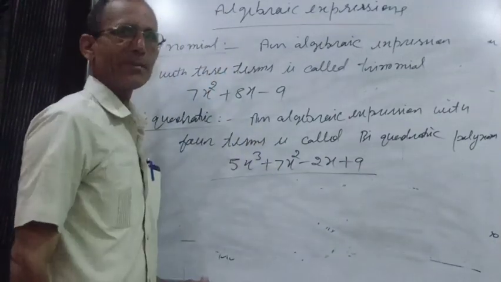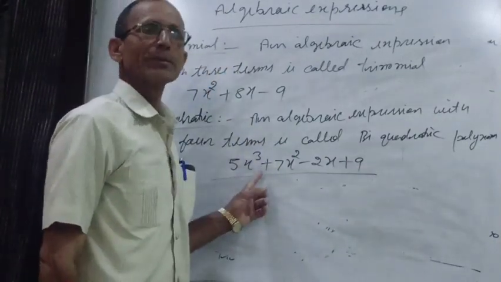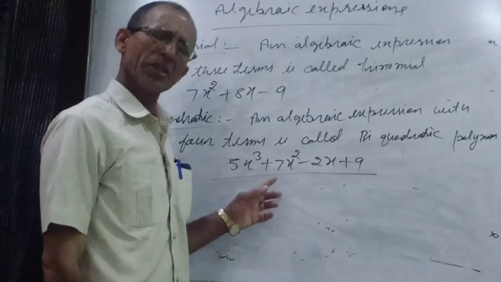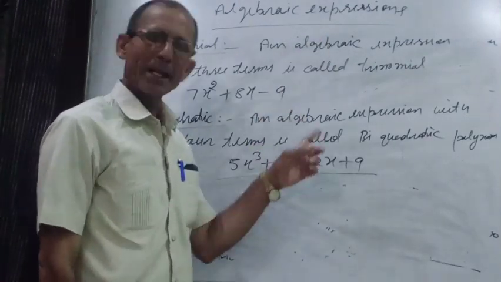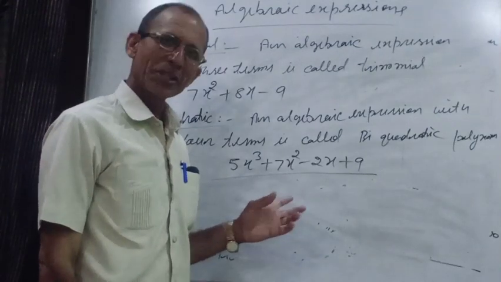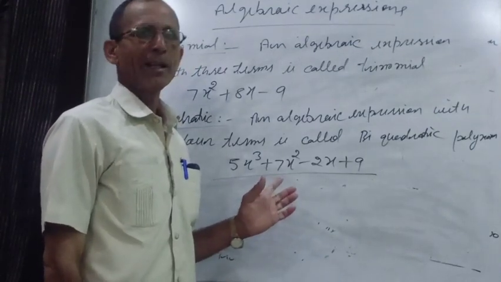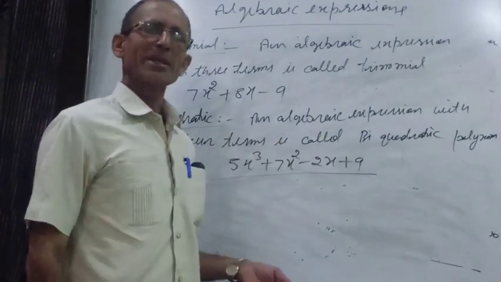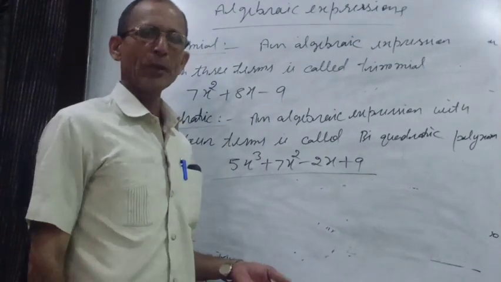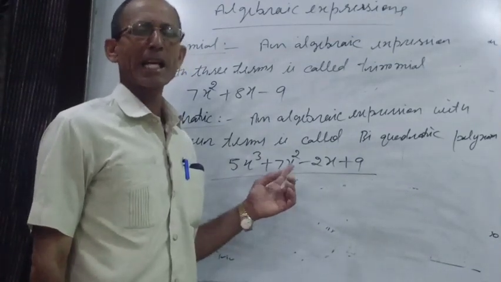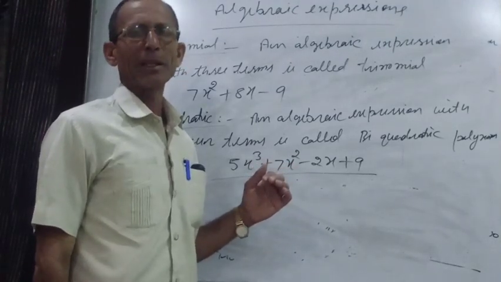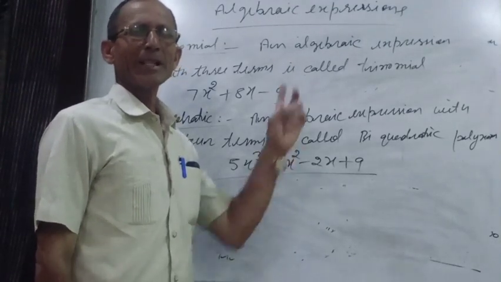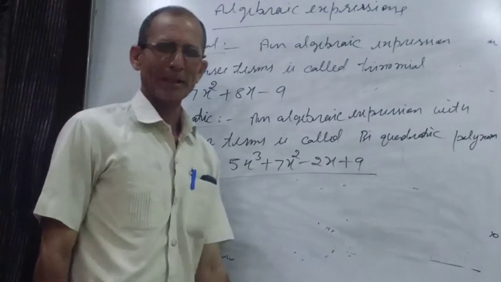There are 4 terms, so this is called biquadratic, you can say polynomial, because monomial, binomial, trinomial are also polynomials. More than 4 terms, the rest are polynomials. If any algebraic expression has a degree of 5, that is called a polynomial. Have you understood? So these are the types of polynomial.